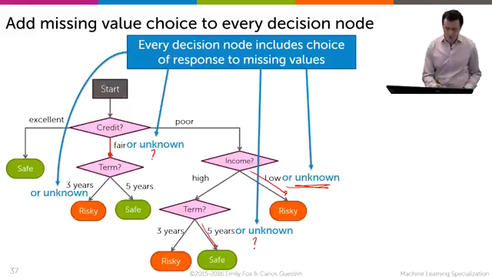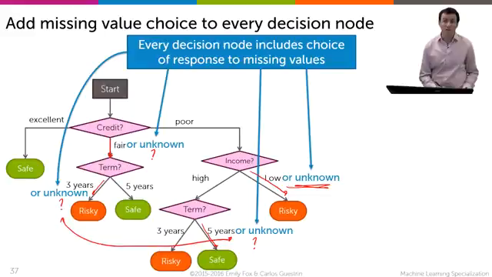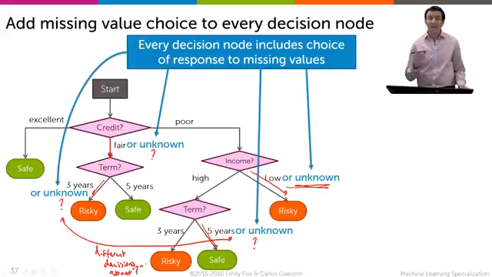We might choose to say that when credit equals fair and we look at term, the unknowns in this case will go to the term equals 3 years. So the decision that we make about where unknowns go does not need to be the same in different parts of the decision tree. We take different decisions here about the question marks or unknowns. And that's the beauty of the approach that we're describing, because just like we optimize the structure of decision trees, we're going to optimize where the unknowns will go in order to minimize the classification error.